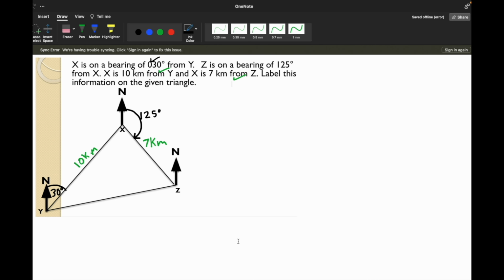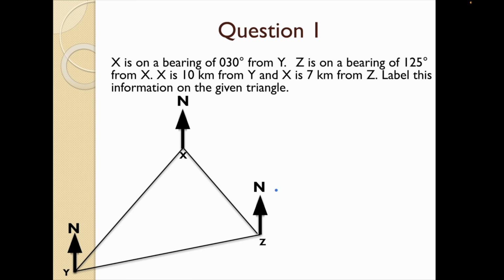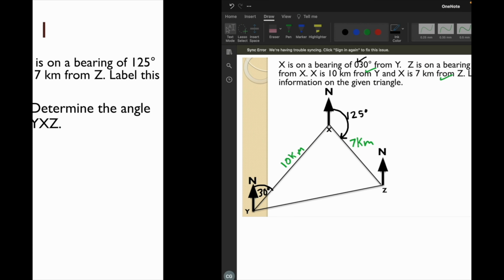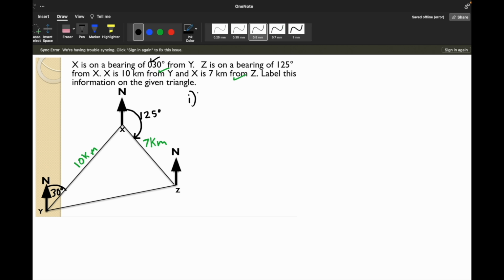All right. So let's see what's the next part. The next part says determine the angle YXZ. So we want to know the angle at X. So we want to figure out what the angle here is.